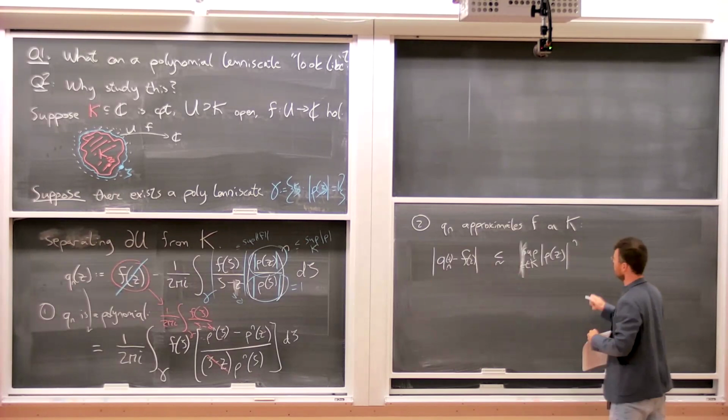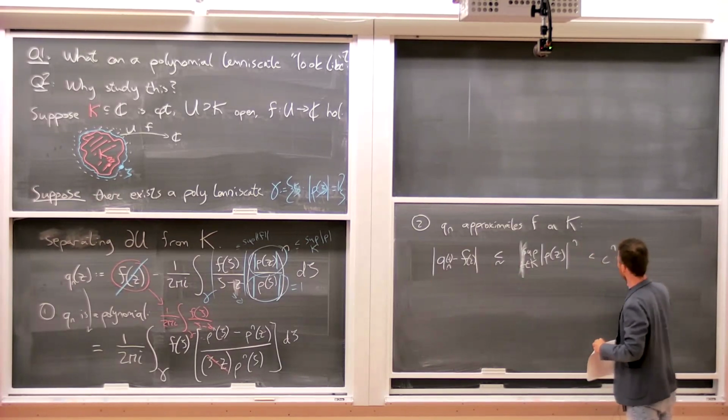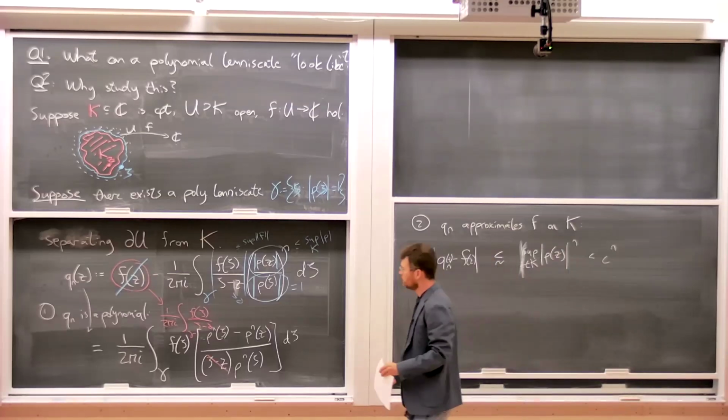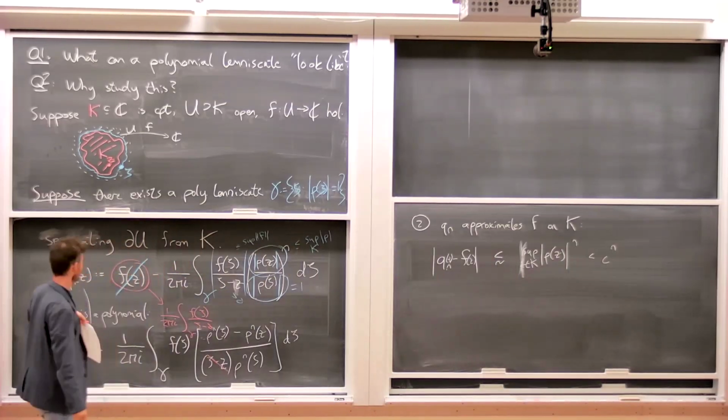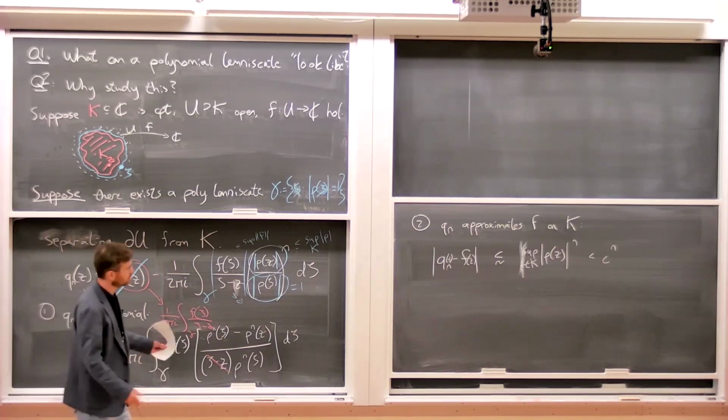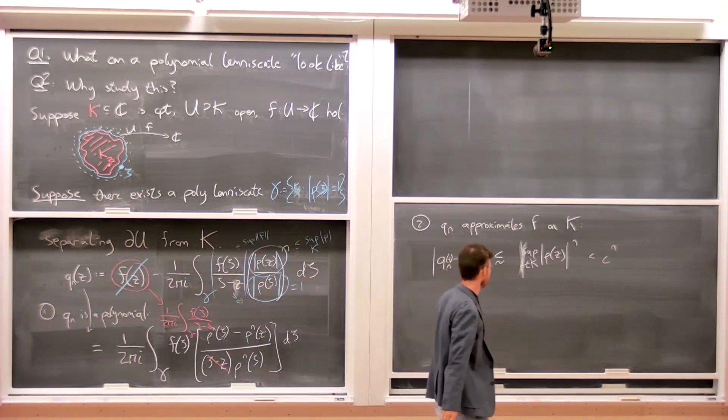So this is less than C to the n, which gives us this nice rate of convergence. It's a rate of convergence because you can also calculate the degree of this polynomial q sub n, and this rate of convergence is sharp in a particular sense.